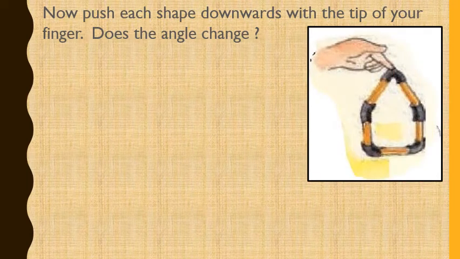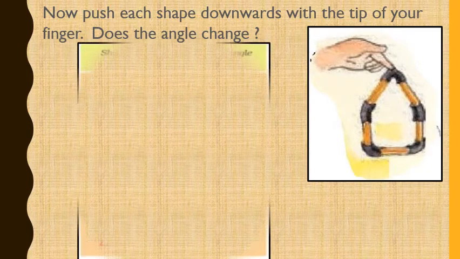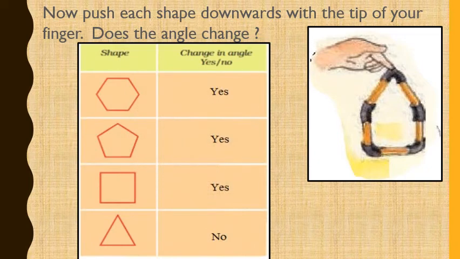Now push each shape downwards with the tip of your finger as shown in the figure. Does the angle change? We see that if we push one end of a hexagon with the tip of our finger, the angle changes.